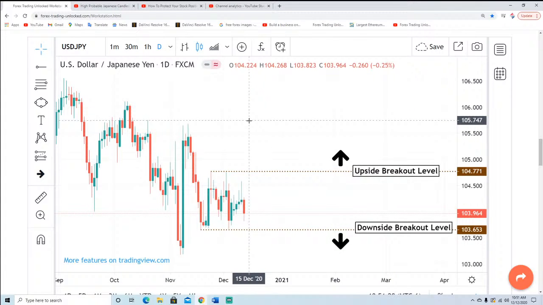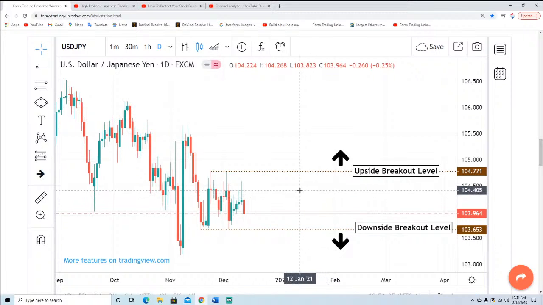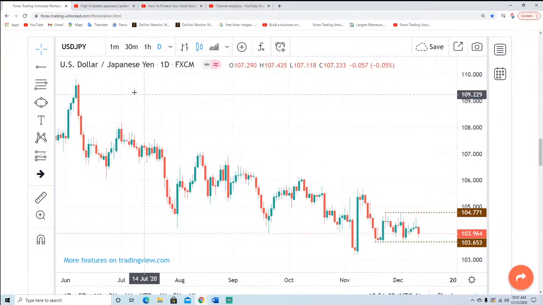I don't see the dollar getting a big move to the upside once again unless we break out above this 104.77 area. And then even if we do, I think you have to be mindful of the trend here.